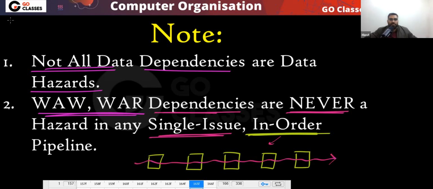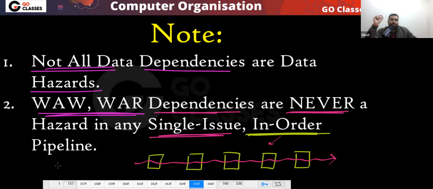Even if you don't need a stage, for example, let's assume an addition instruction, add R1, R2, R3. Does it need data memory access? No. But still, it will spend that time. It cannot skip it.